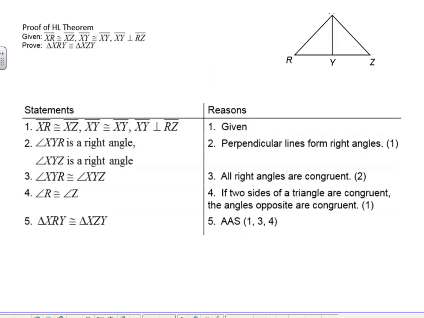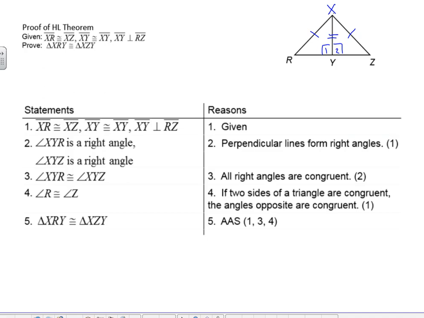This is a proof of the hypotenuse leg theorem. It looks like it got cut off in printing, but it's here. We have XR congruent to XZ, and we have this by the reflexive property. We have perpendicular lines, so they form right angles, and all right angles are congruent.